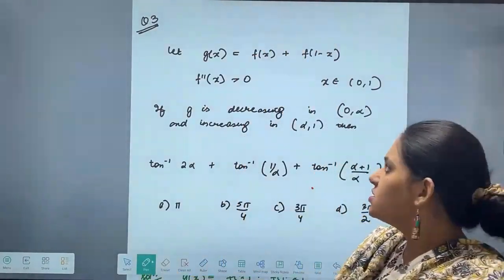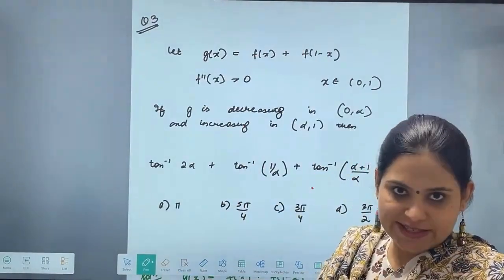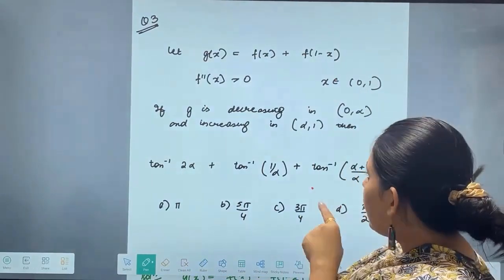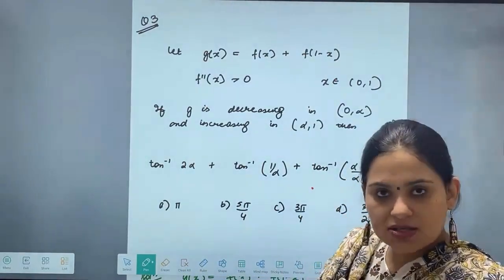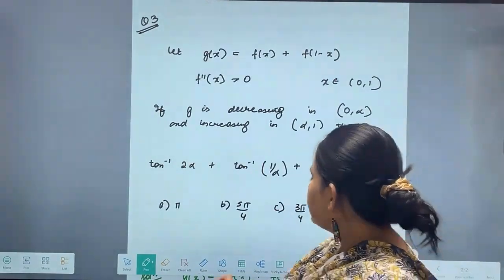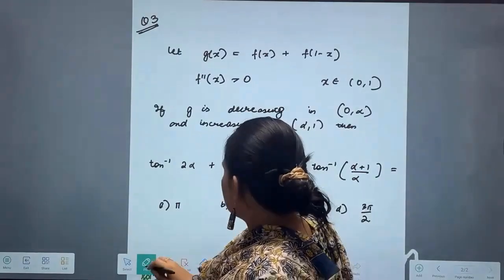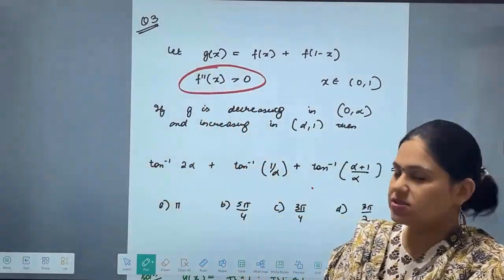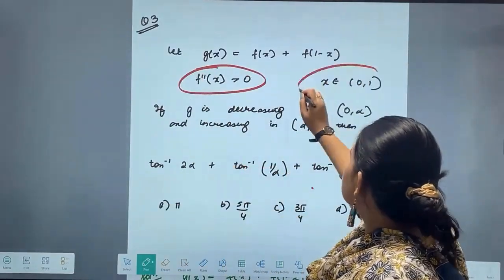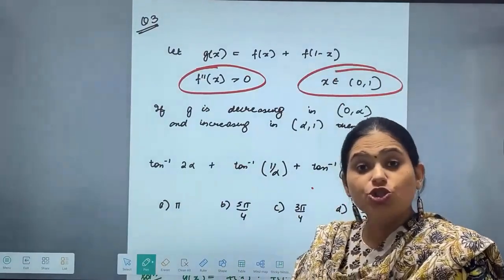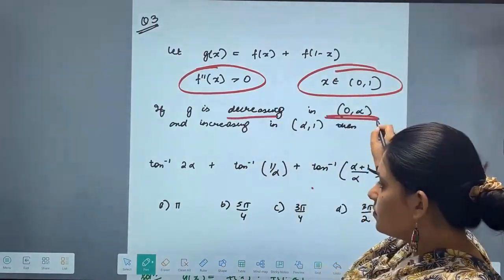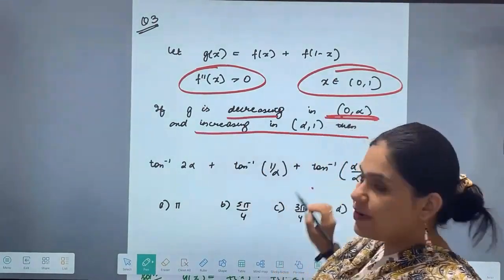So this says that you are given g(x), and how is g(x) defined? g(x) is defined as f(x) plus f(1 minus x). It says f double dash x is greater than 0, meaning convex. For x between 0 to 1, g is decreasing in 0 to alpha and increasing in alpha to 1.